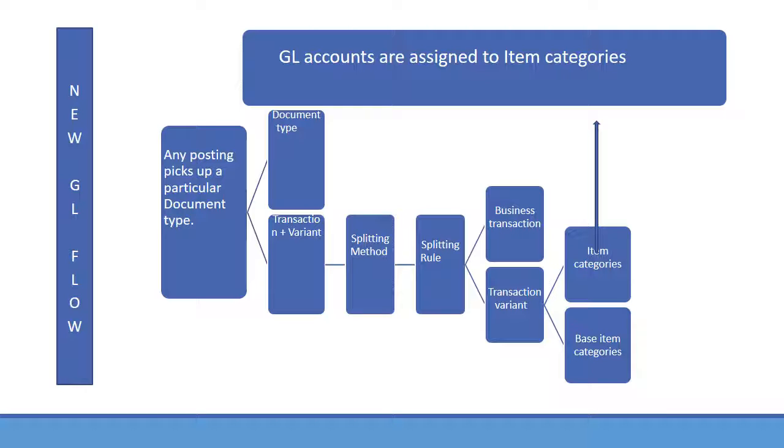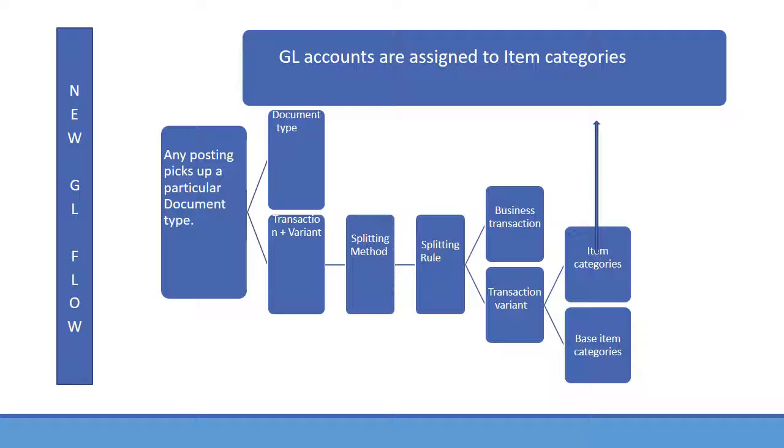So the item categories define in the transaction variant what the base item categories are. In every entry there are two items. One is the base item, the other one is the item to be split. So let's say in an expense to bank entry, the expense account is the base item, and the bank account is the item to be split. That is decided in this transaction variant.